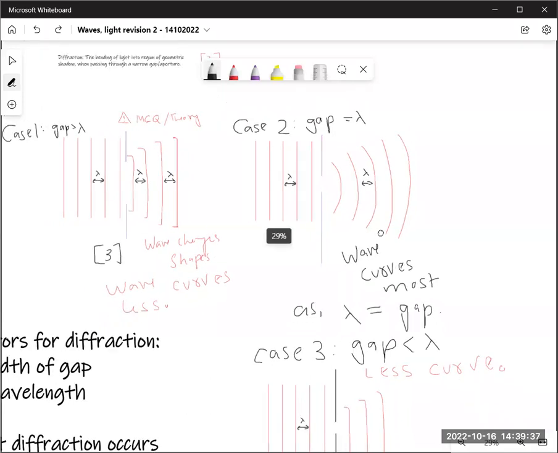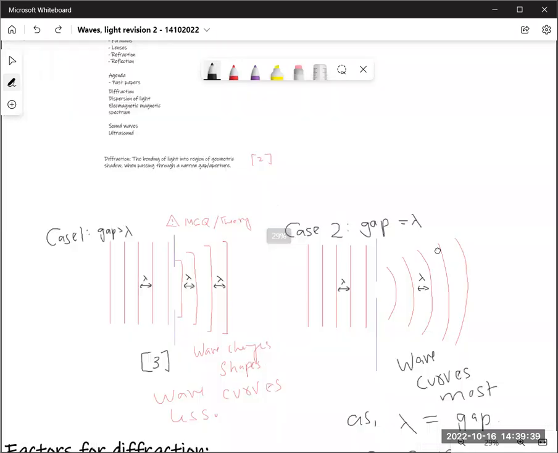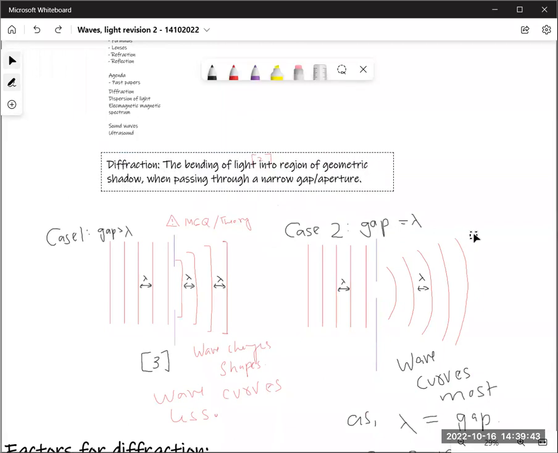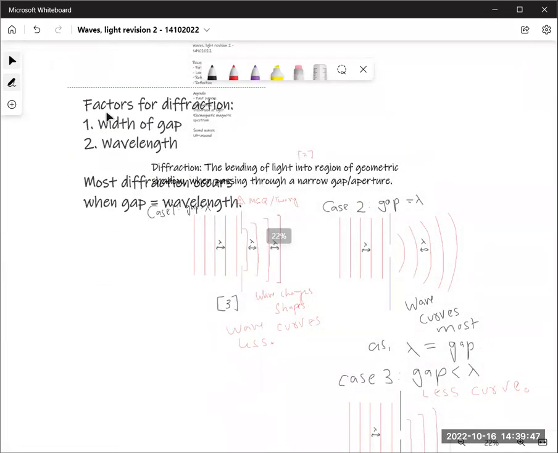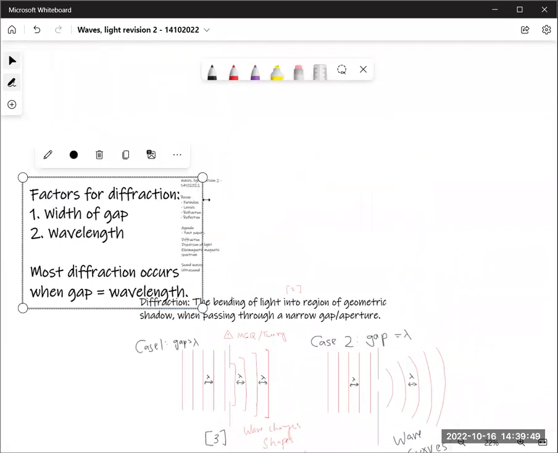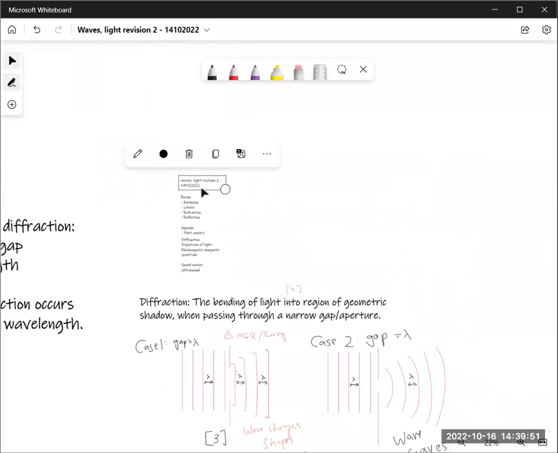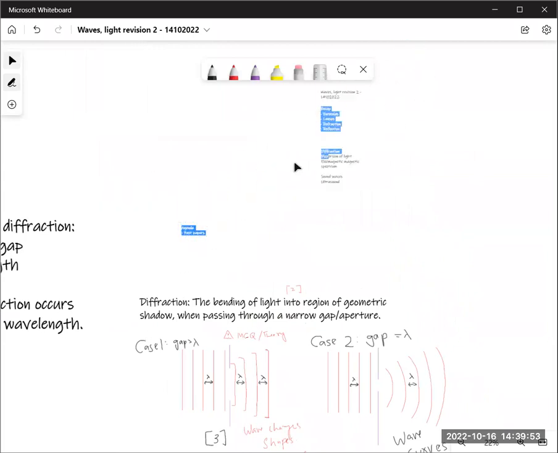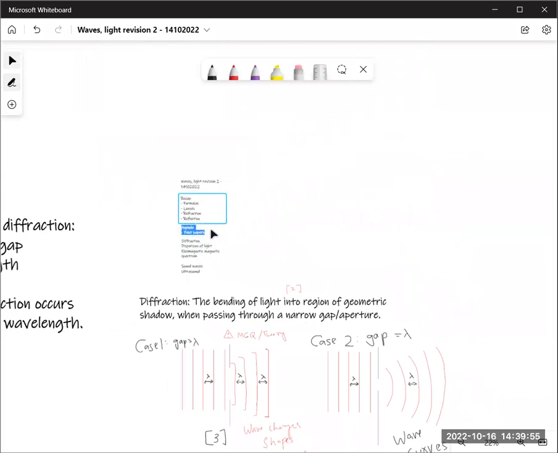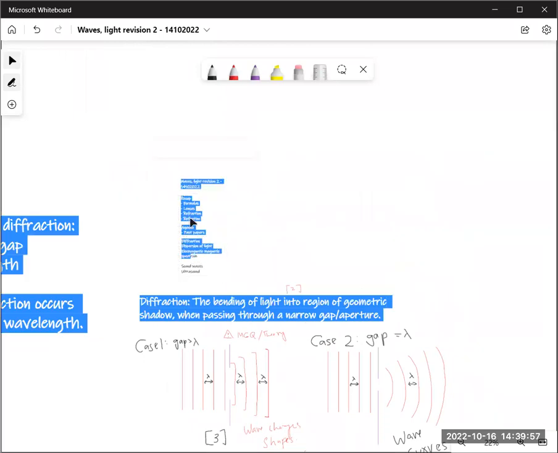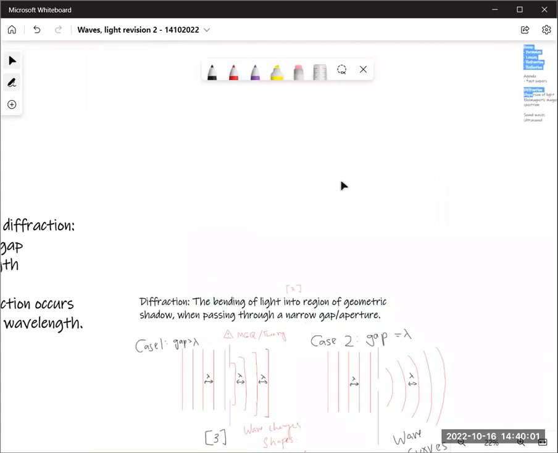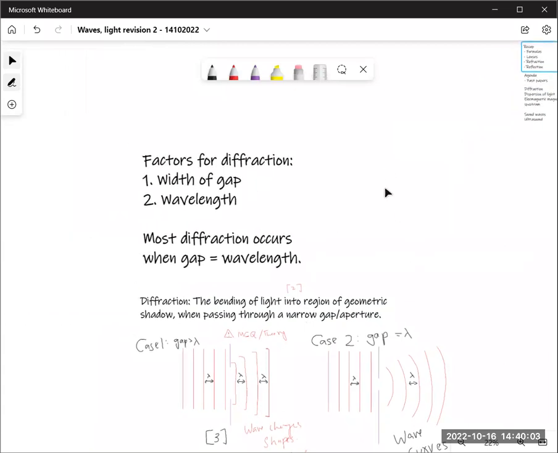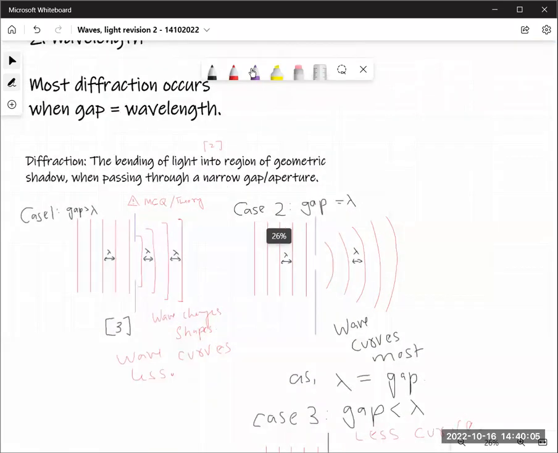Fine, that's it. Now, the region of geometrical shadow, what does that mean? I told you right here, the region of geometrical shadow, this point. The region of geometric shadow is something like this.